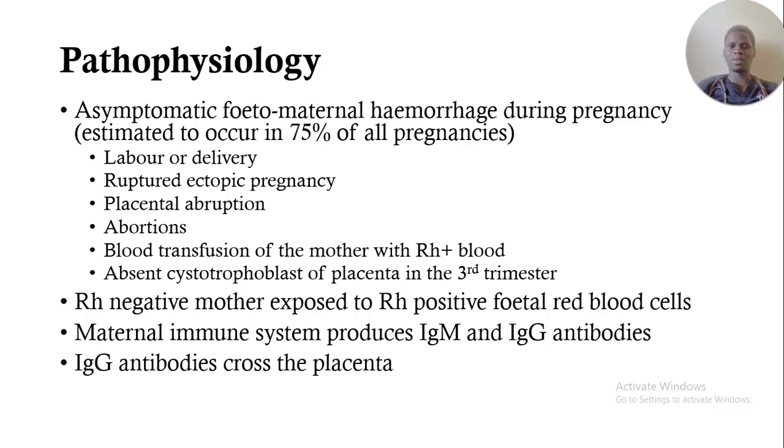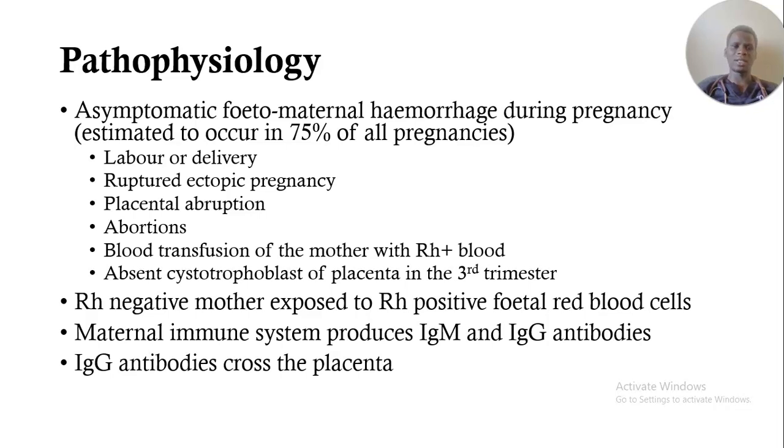So it starts when the mother is rhesus negative, that is blood group negative, for example O minus, B minus, and all that. And the father is rhesus positive, and during reproduction the fetus can take either the rhesus positive or the rhesus negative.